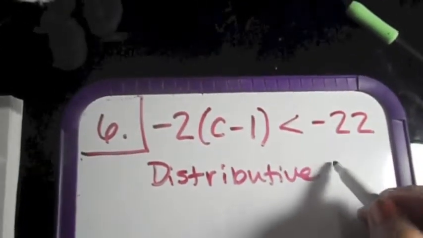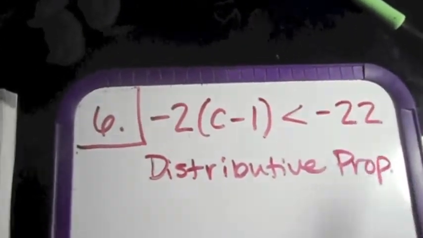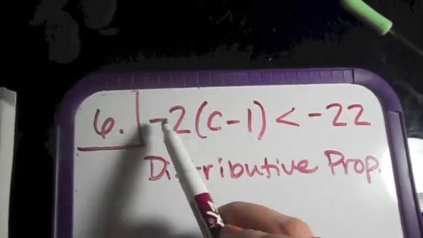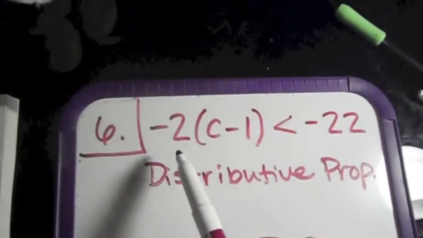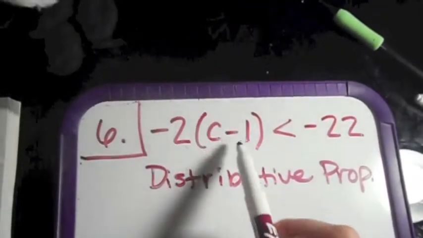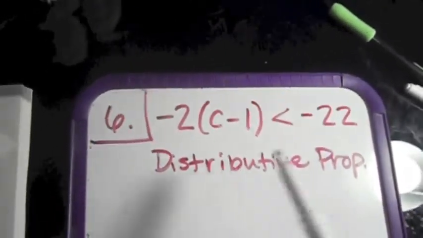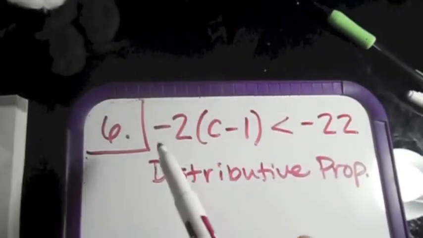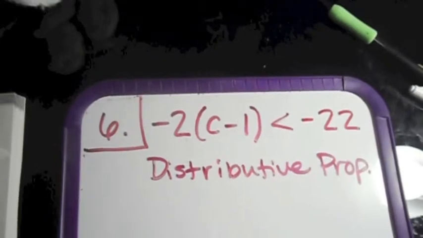Do you remember what the distributive property is? Negative 2 times C and then negative 2 times negative 1. We distribute the negative 2 to each term in the parentheses.